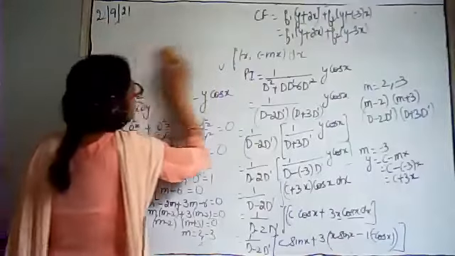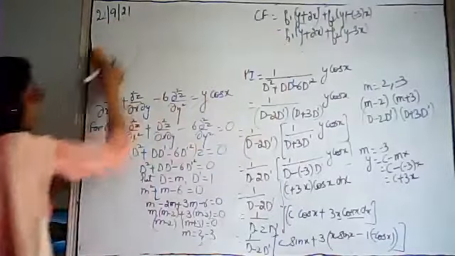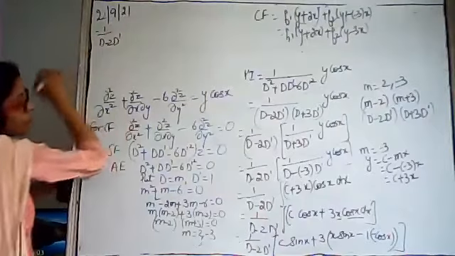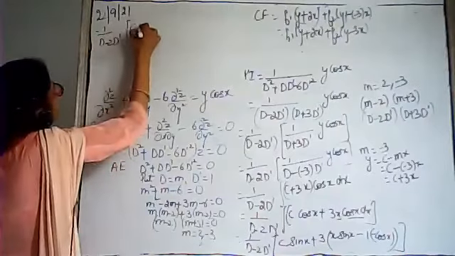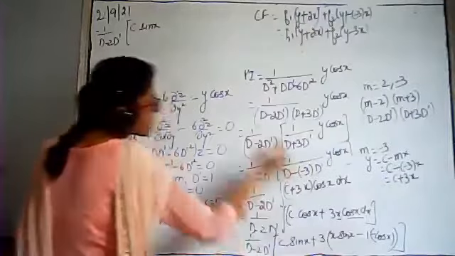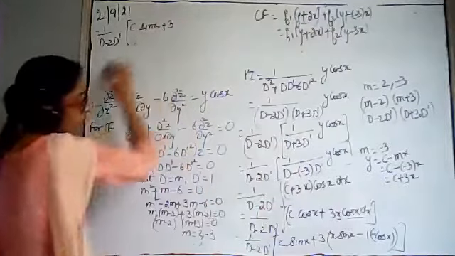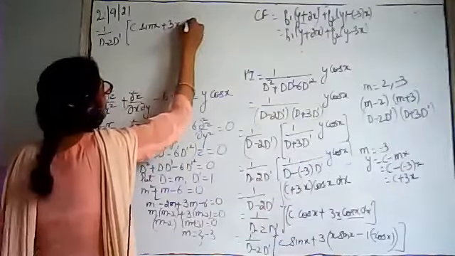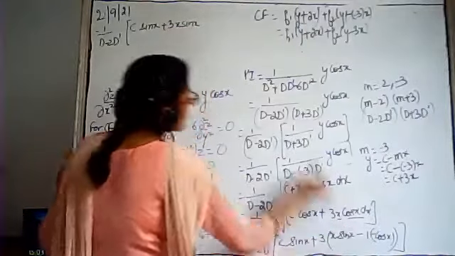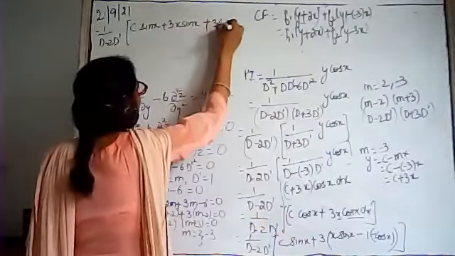So this equals 1 upon d minus 2d dash, which will remain as it is. Inside the bracket we have c sin x. Open these brackets also: it will be 3x sin x, minus and minus will be positive, plus 3 cos x.